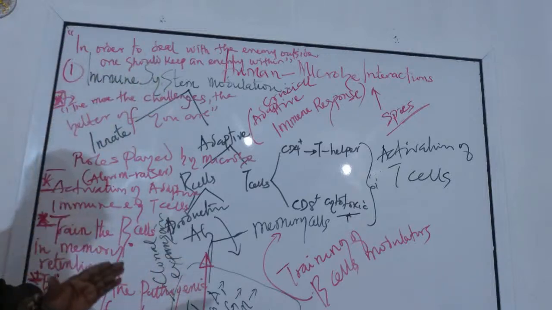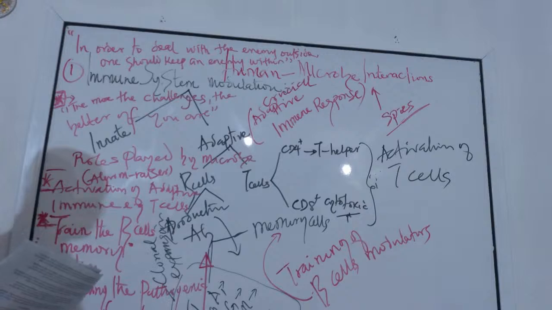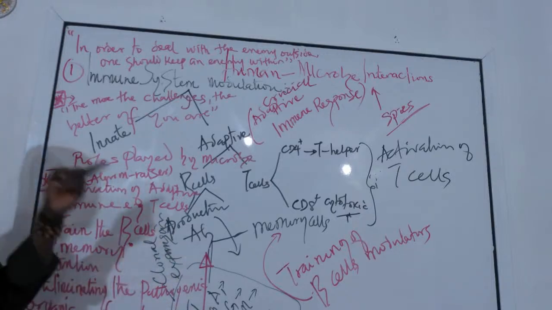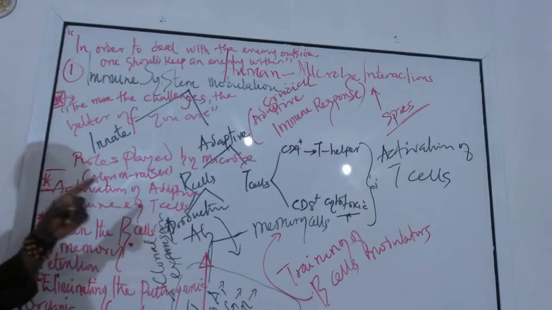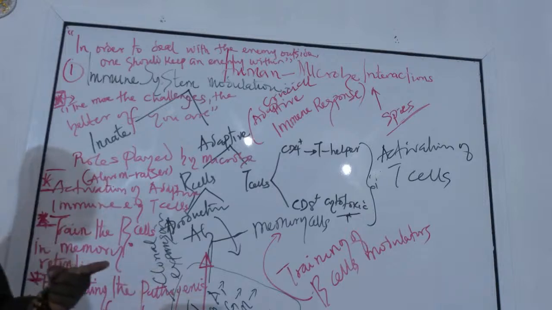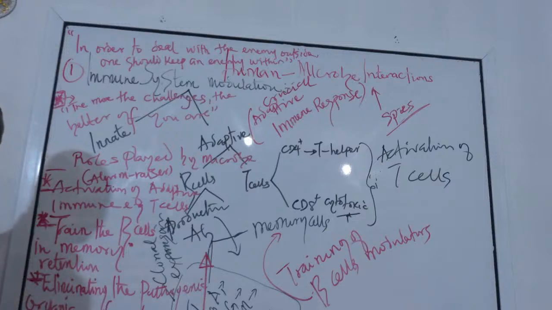Whenever the immunological status of the system is too low, they are the ones that will sound a kind of warning: please do not sleep off, the enemy can come at any time. Thereby they will raise the immunological status, the immunological competence of the host.